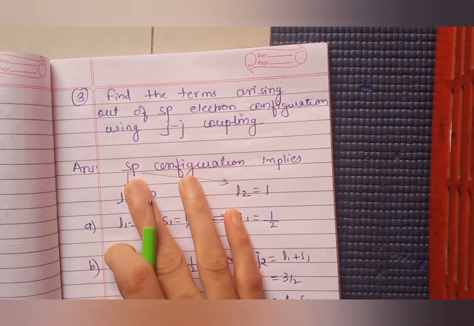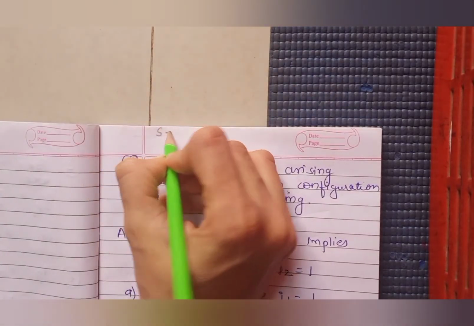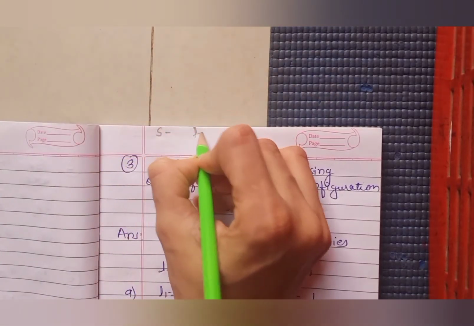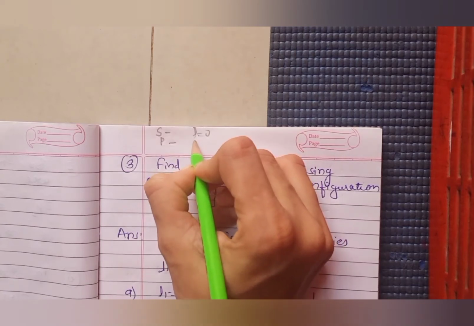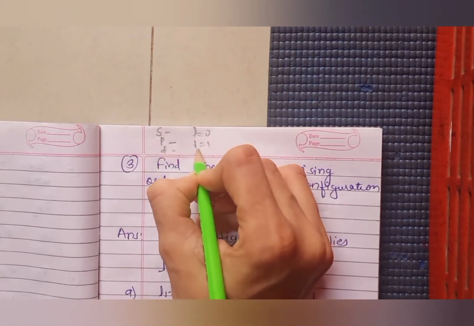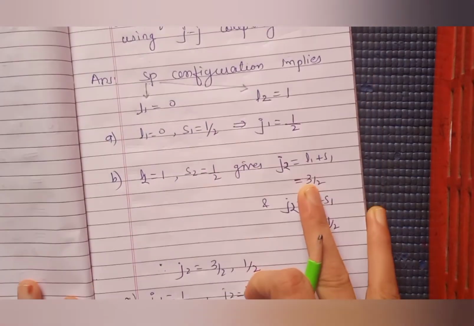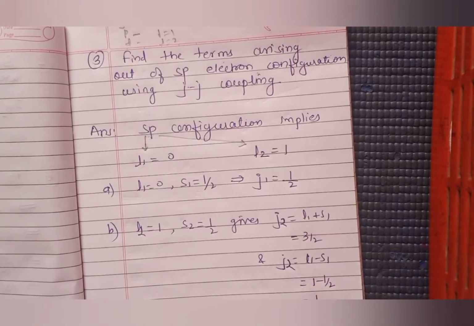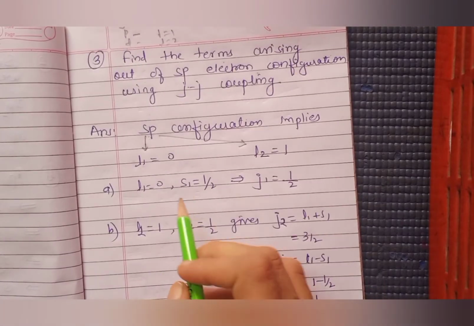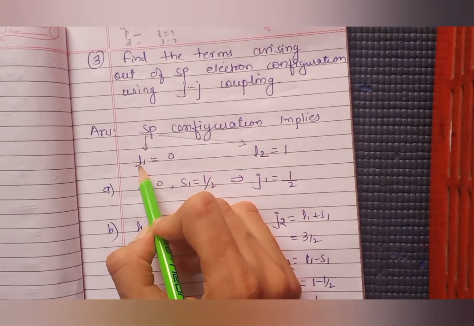For S state, we know that L is equal to 0. For P state, L is equal to 1, D state L is equal to 2 and so on. Now we are not talking about atom, we are talking about electron. That is how I have used small l and not capital L.